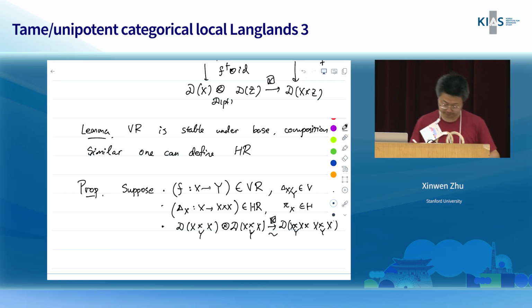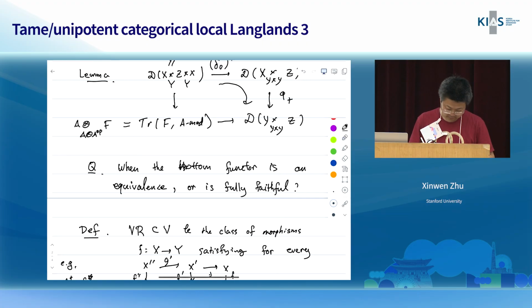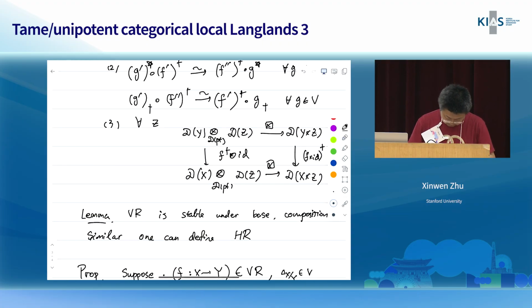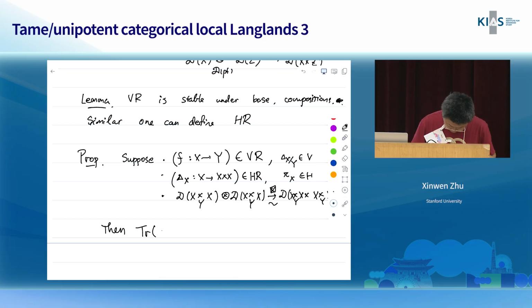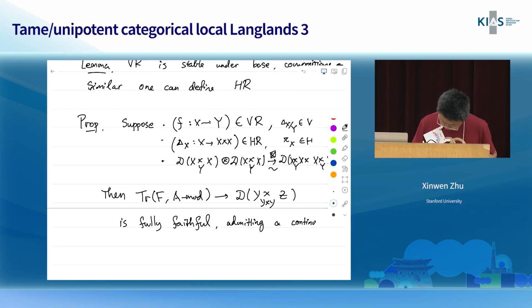All right, so then this map, let me write it again: the trace of F, mapping to the category of Y, Y over Y times Y over Z, is fully faithful, admitting a continuous right adjoint.